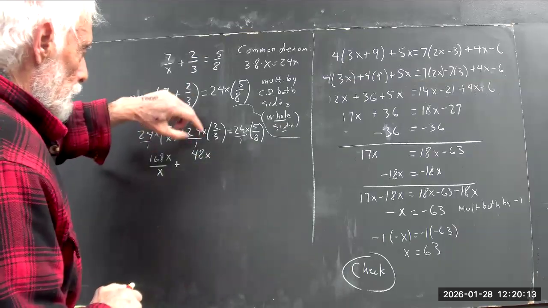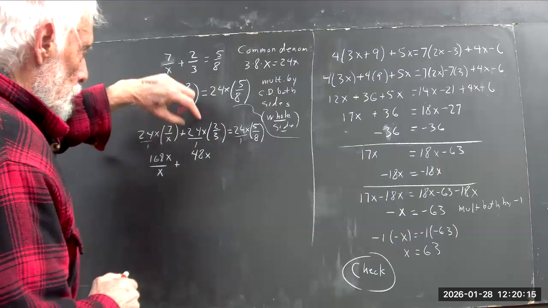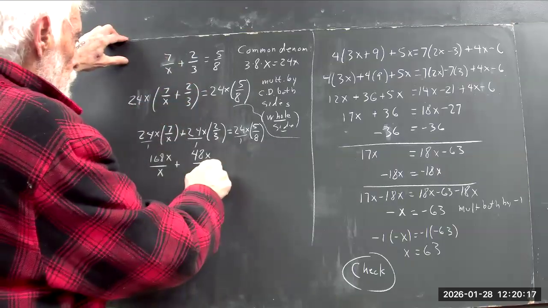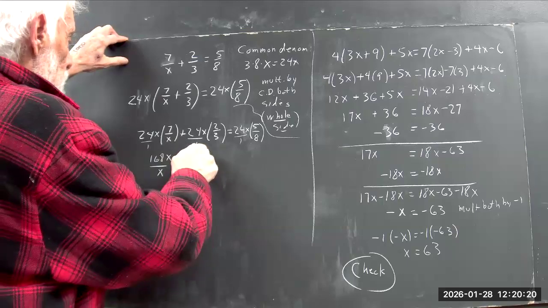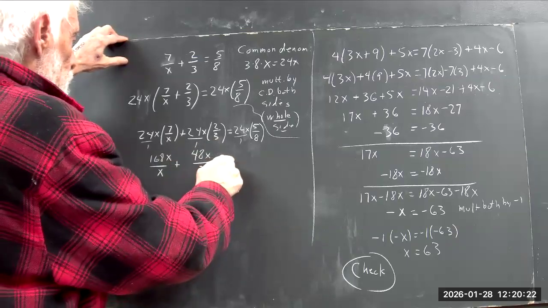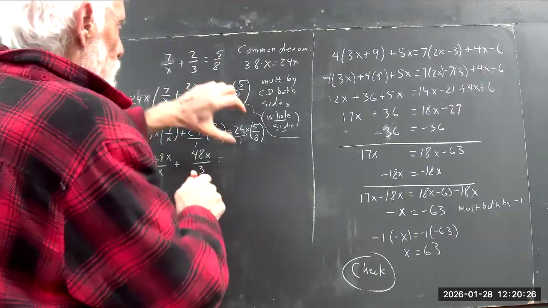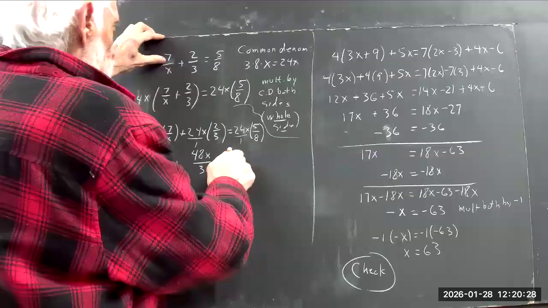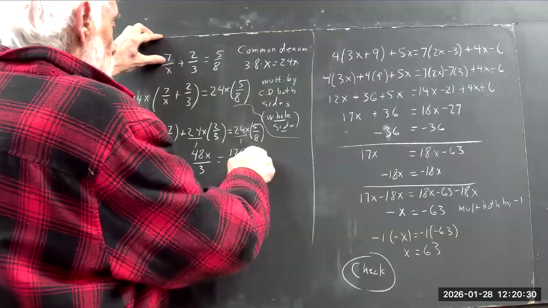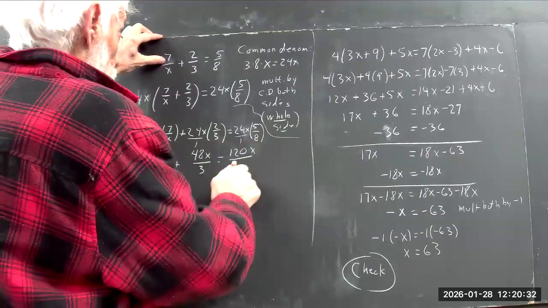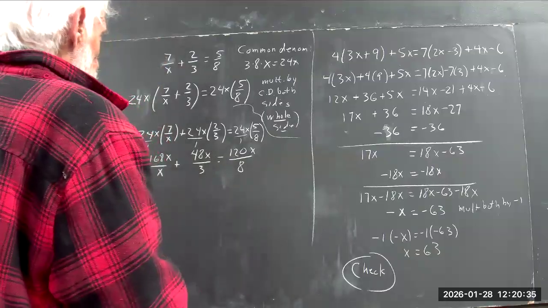Multiplying the 24x over 1 by the 2/3, the numerator is going to be 24x times 2, which is 48x. The denominator is going to be 1 times 3, which is 3. And on the right-hand side, 24x over 1 times 5/8 is going to give me 120x over 8.